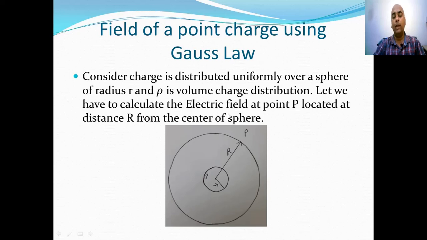Let us say we have to calculate the electrical field at point P located at distance capital R from the center of the sphere.